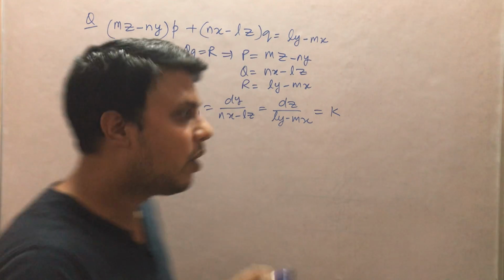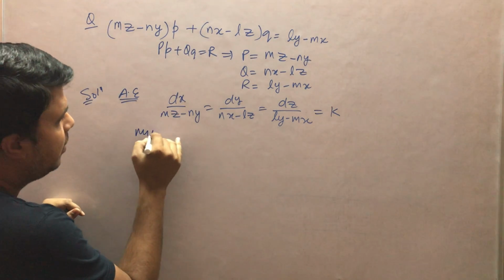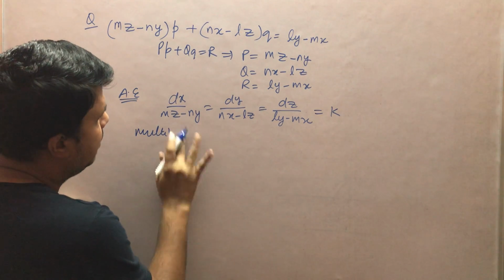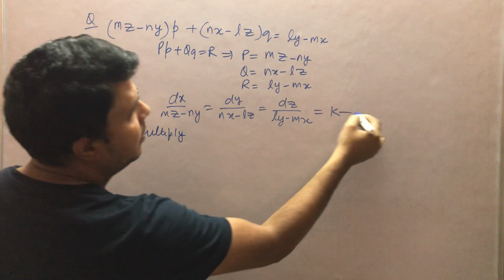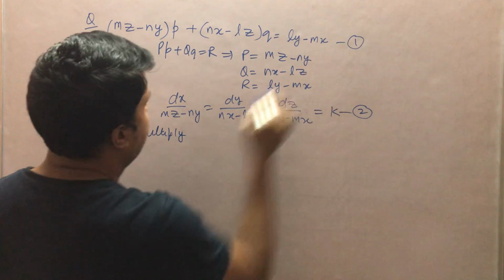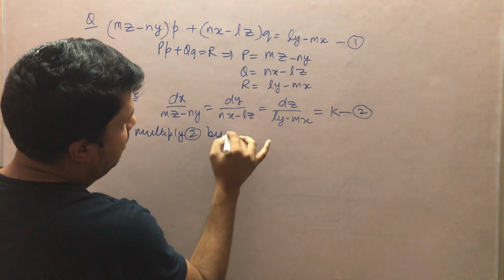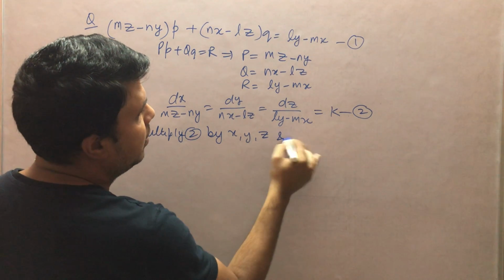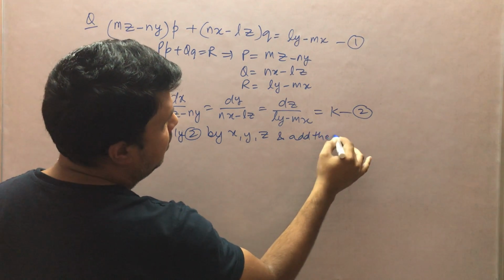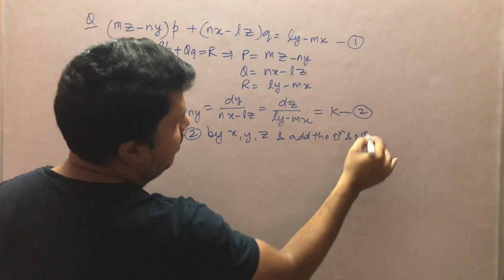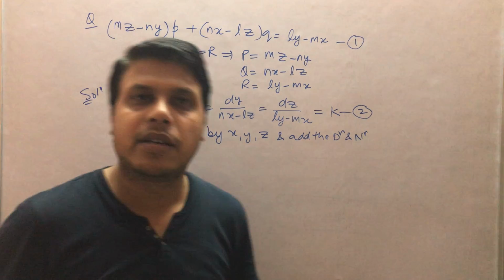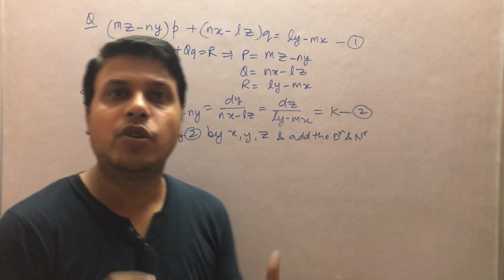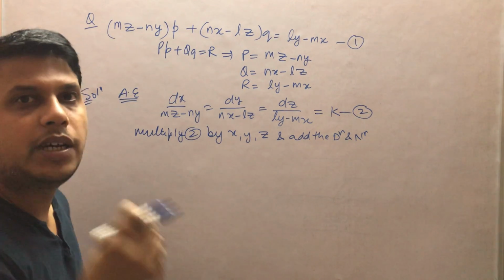Okay, so now we are going to multiply and divide the equation number 2 by x and add the numerator and denominator. So what will be the impact?